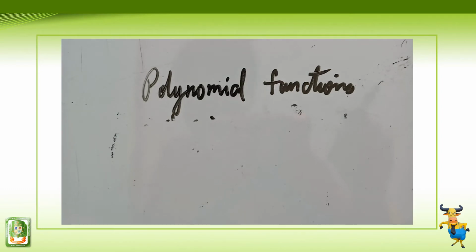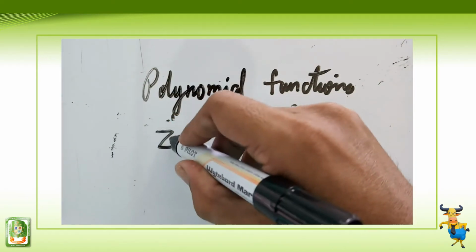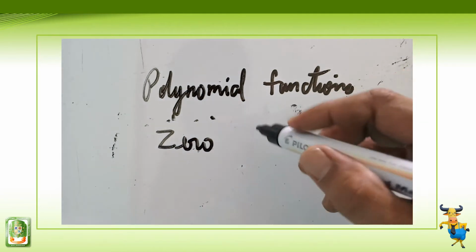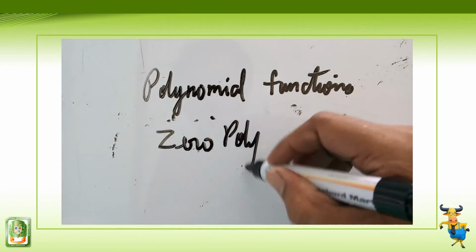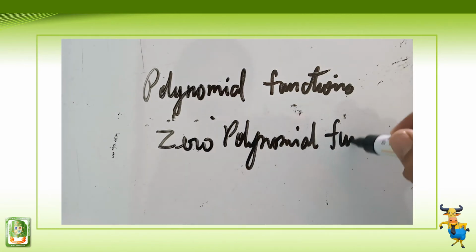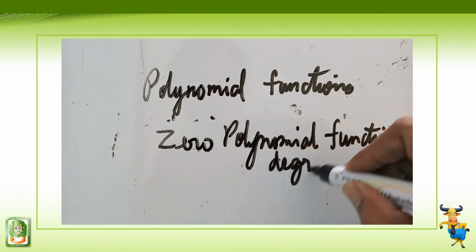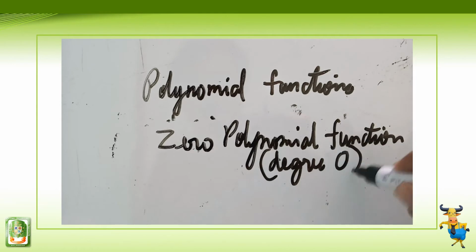The most common types, number 1, is the zero polynomial function. Ano ba ito? Nakadegree siya sa 0. Ibig sabihin, 0 degree siya.